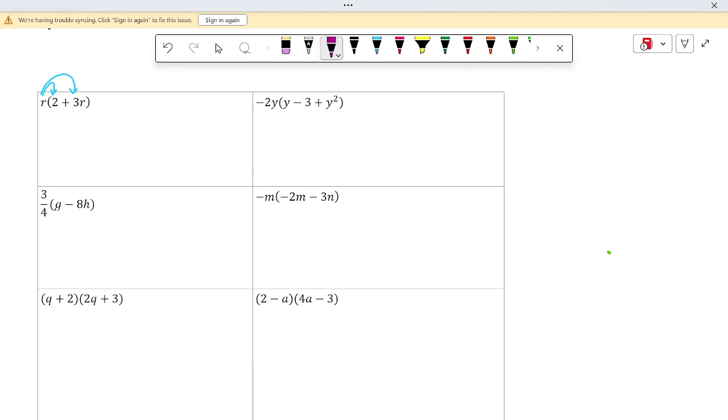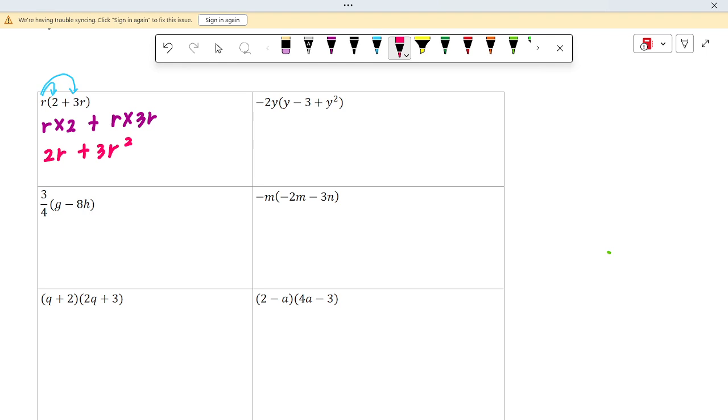So your first step will be r times 2 plus r times 3r. So you will get r times 2 will be 2r plus 3r squared. This is your final answer. You cannot sum them together as they are two different terms. They have two different powers there.